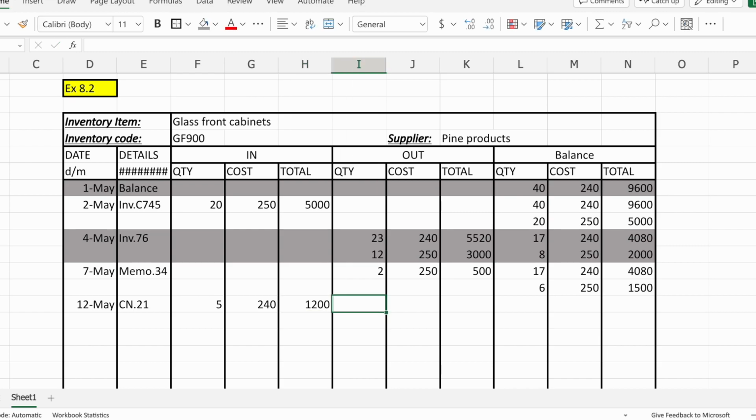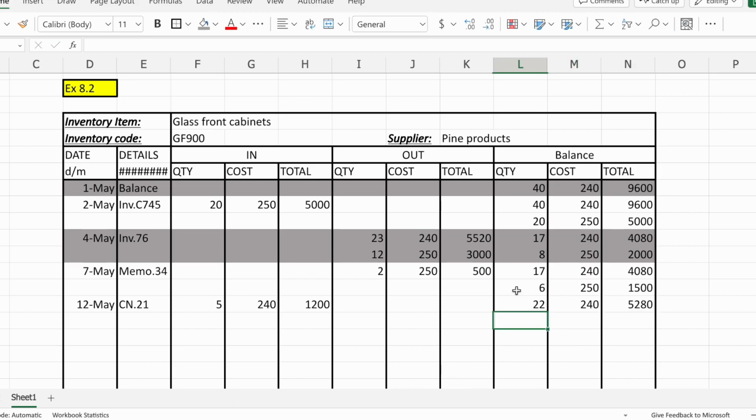Now for the balance, 5 came into the business, worth 240. So all you do is the 17 that was left over, 17 plus 5, 22 pieces of inventory now for the $240 one, and you multiply both of them.